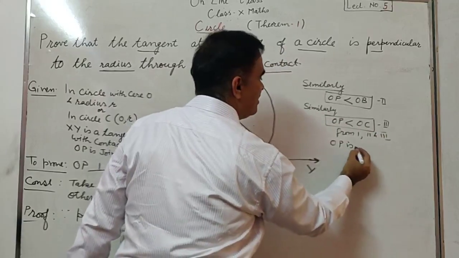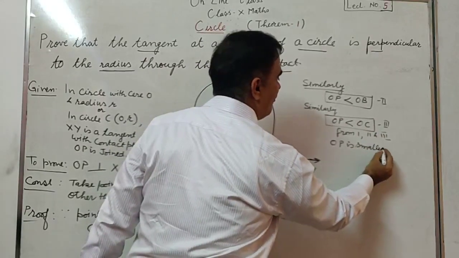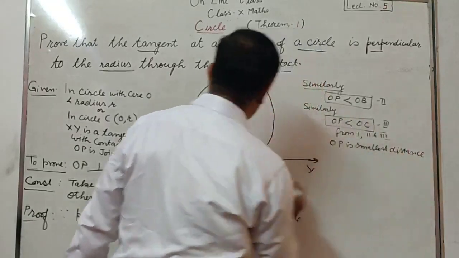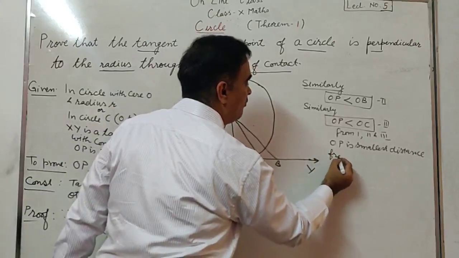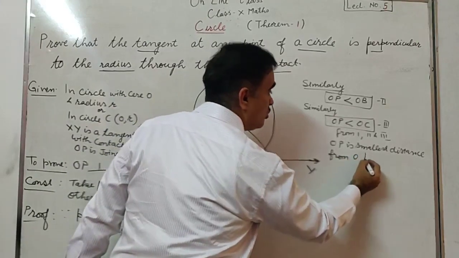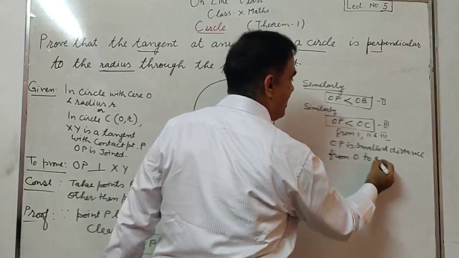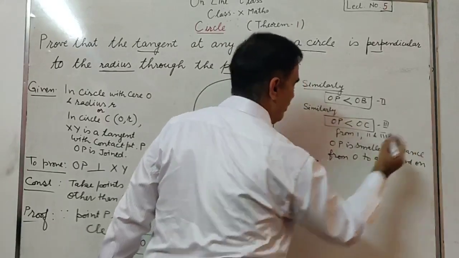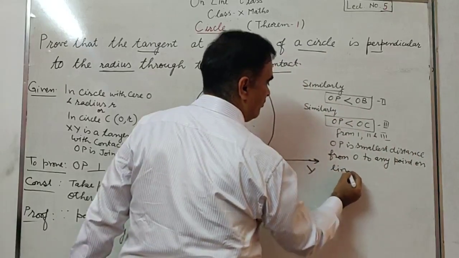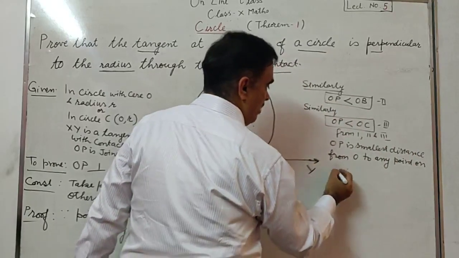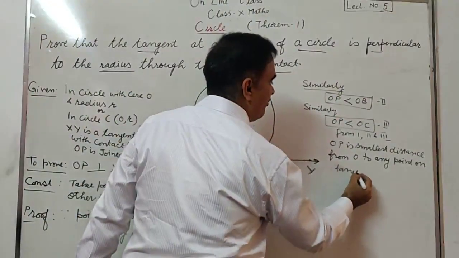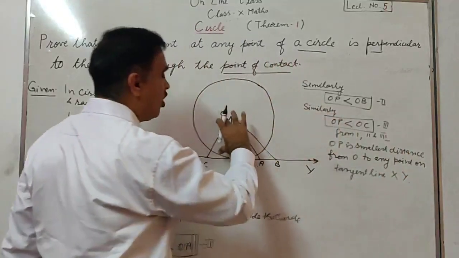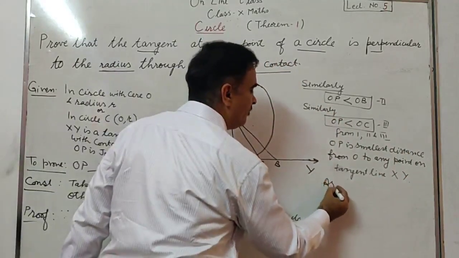OP is the smallest distance from O to any point on the tangent line XY.